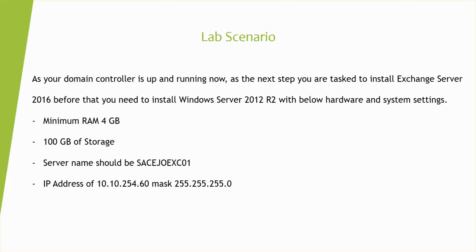They want us to use 4 GB of RAM, 100 GB of storage, and the server name should be SAC EJO EXC01, Exchange 01. And the IP address is 10.10.254.60 and a mask of 255.255.255.0.